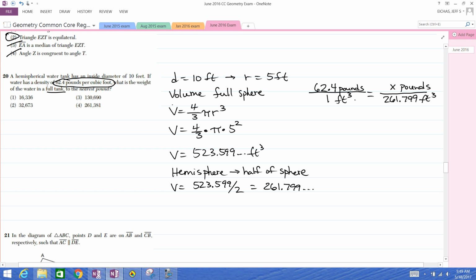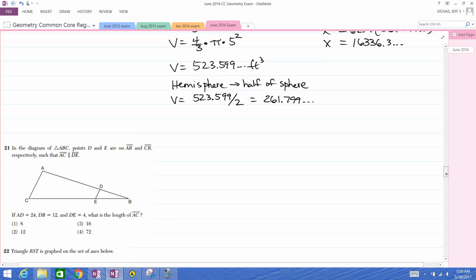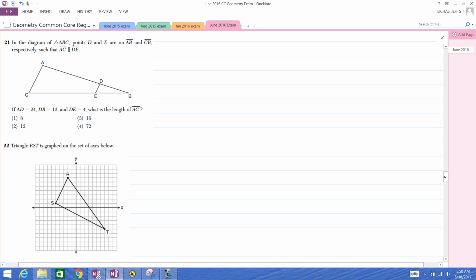All right, we'll ignore the units of measure now that we've set it up. X times 1 is x, whatever 62.4 times that is. I get 1636.3. It's going to be pounds right there. That's the closest.